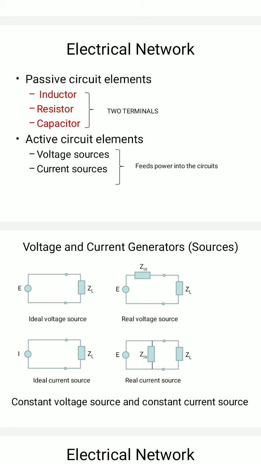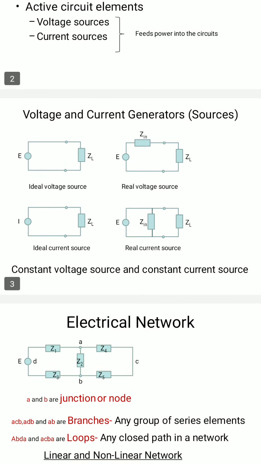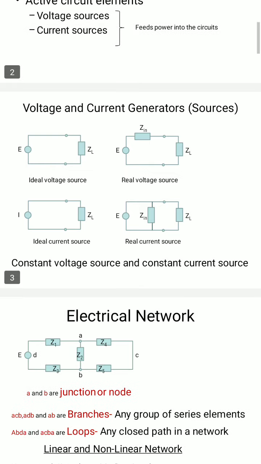You will not get exactly the total current from the supply, but a little bit less, because some current will be passing through its internal resistance. Okay, so voltage source and current source are sources of constant voltage and constant current.